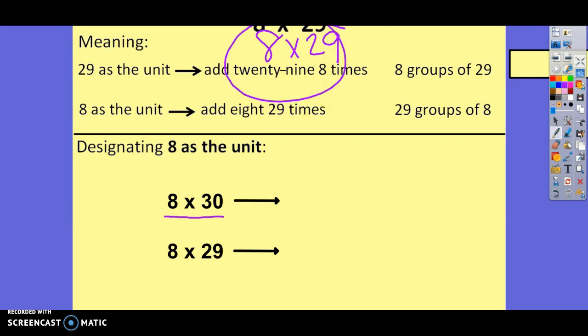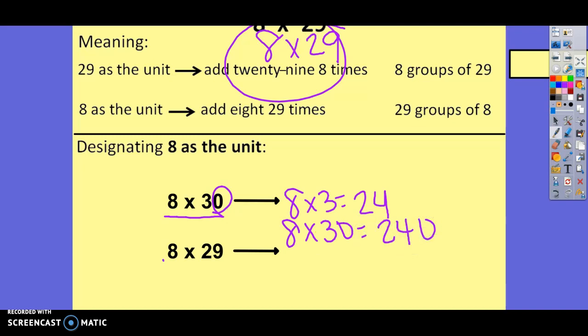Well, we could multiply just the 8 and the 3 in our heads. If we multiplied 8 times 3, simply 8 times 3 equals 24. We learned our powers of 10, if we have a 0, so 8 times 30 is going to be 240. But our problem is 8 times 29.